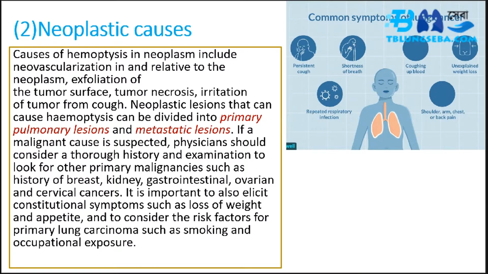If a malignant cause is suspected, physicians should take a thorough history and examination to look for other primary malignancies, such as history of breast, kidney, gastrointestinal, ovarian and cervical cancers. It is important to also elicit constitutional symptoms such as loss of weight and appetite, and to consider the risk factors for primary lung carcinoma such as smoking and occupational exposure.